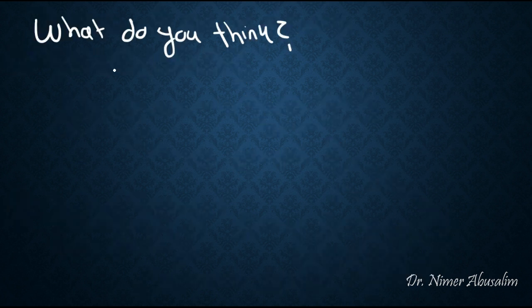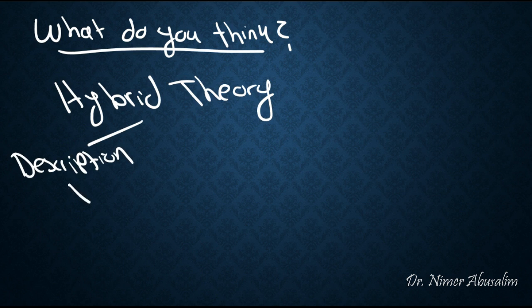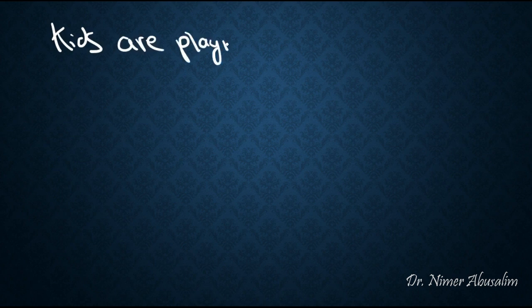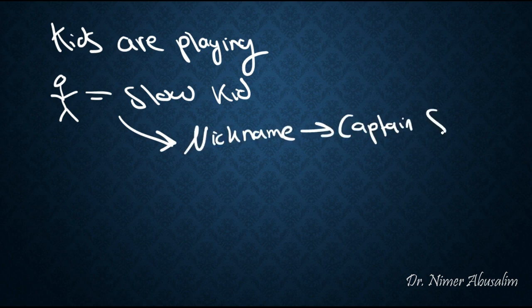So what do you think? Can you come up with some kind of hybrid theory connecting both the description theory and the causal theory? Take this example. Sometimes kids are playing. One kid is a very slow kid, meaning that this kid runs very slowly. In consequence, the other kids give him a nickname, which is Captain Slow.